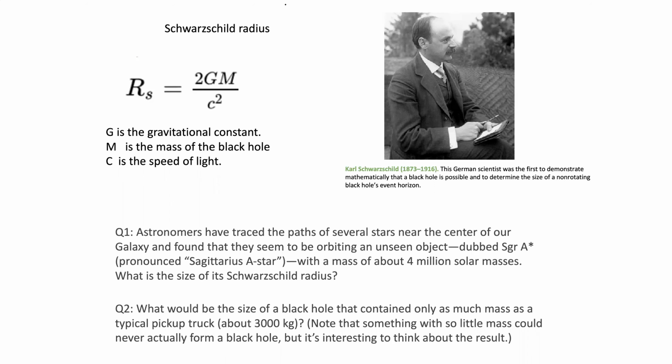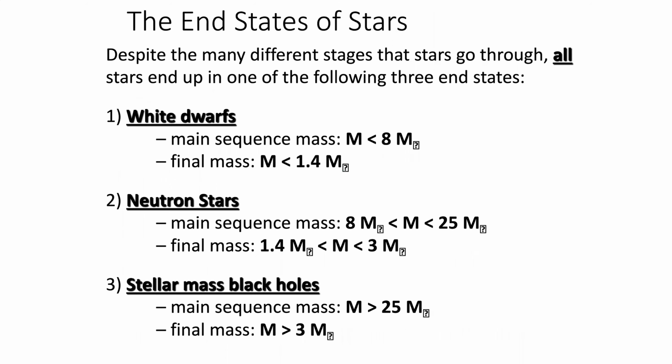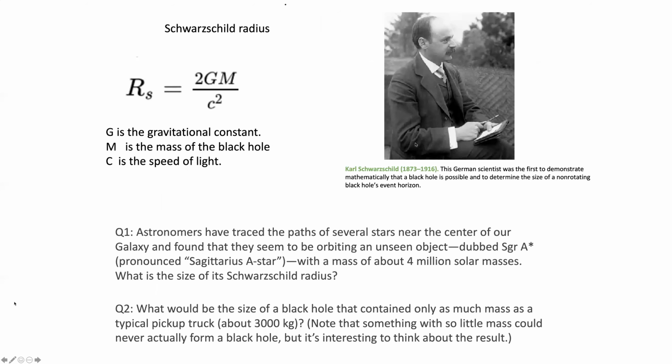So this will summarize the end state of all the stars, a summary of everything we have probably talked about in the last 10 lectures or so. What will happen to stars: if a star has a main sequence mass less than 8 solar masses. By the way, these question marks right here should actually be solar masses.